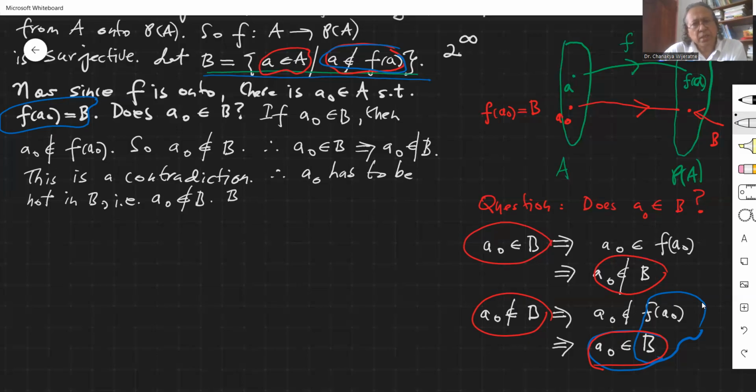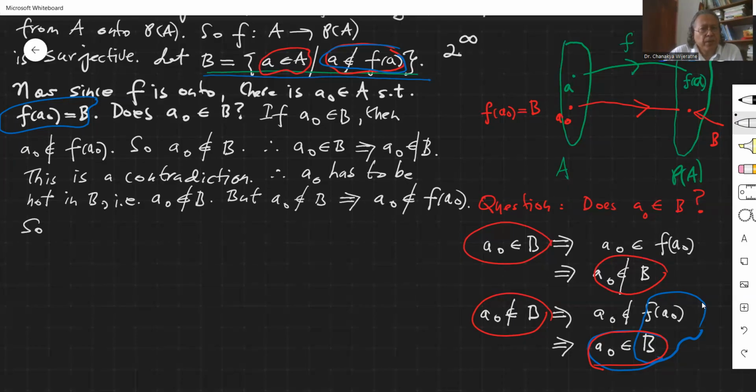So, but A naught does not belong to B implies A naught does not belong to f of A naught, since B and f of A naught are the same, right?